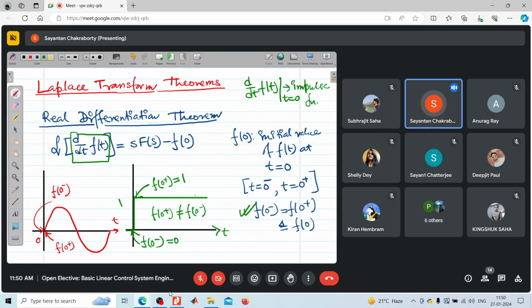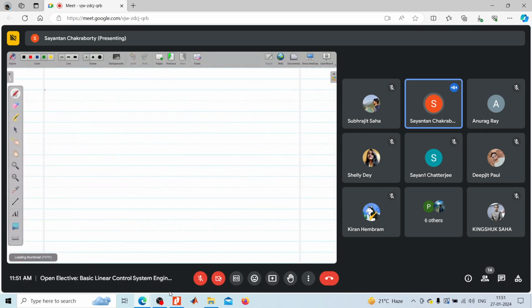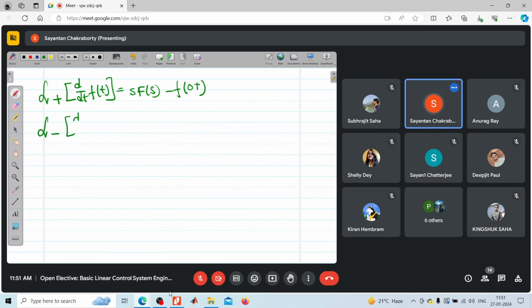So whenever there's a discontinuity at that instant, then this equation must be modified. Then you have to have two different parts. I'll just show the next page. One part will be Laplace plus, that is just after the discontinuity has occurred. So that will be s F(s) minus f(0 plus), and another Laplace minus, just before the discontinuity.